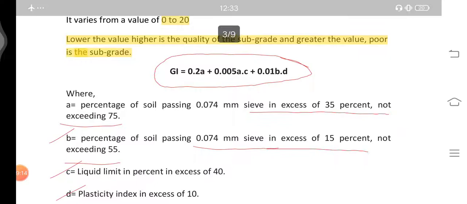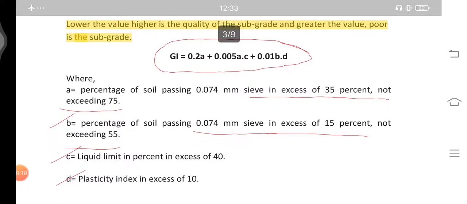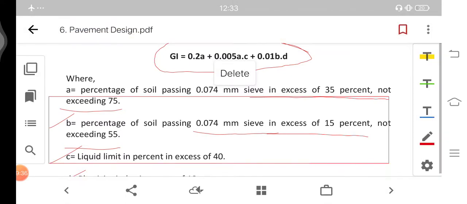So we are given four variables, A, B, C, D, and these are determined by various soil tests like the plastic limit, plasticity index, the liquid limit, and the sieve analysis of soil. By sieve analysis we get the values of A and B, and by the liquid limit and plasticity index tests we get the values of C and D.